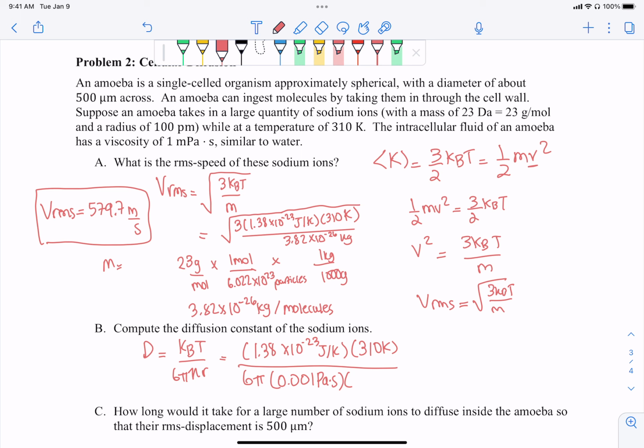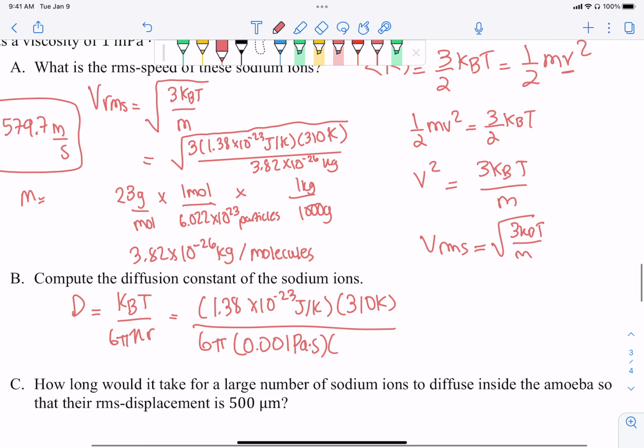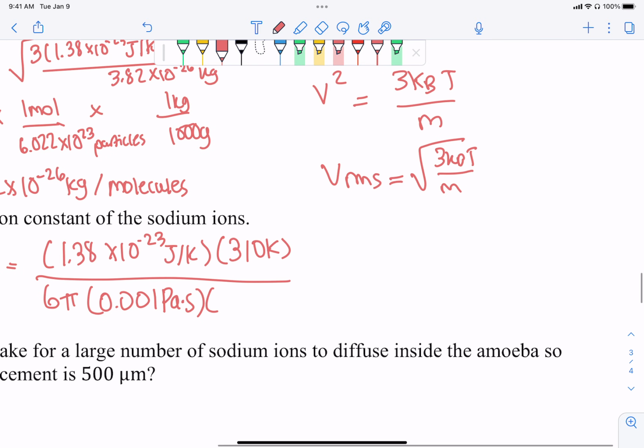So 100 picometers, we can convert that to meters, again to get the SI units, right? 100 picometers would be equal to, I think, 1 times 10 to the negative 10 meters.